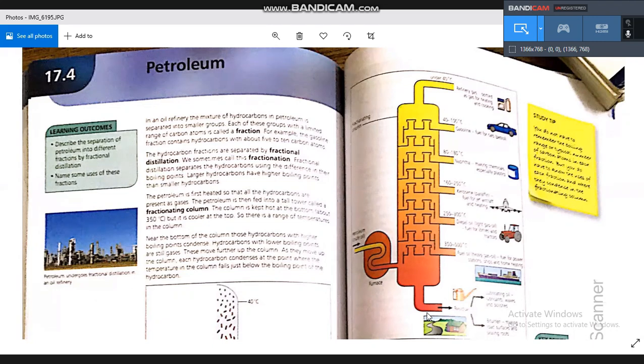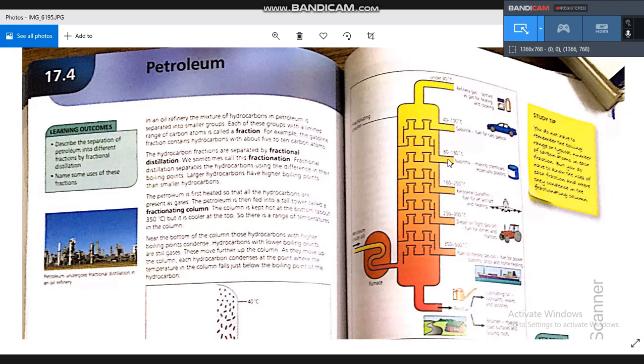When the substance reaches its boiling point, it will evaporate, so it will go upward in the fractionating column, and they will exit from these openings. Okay, we have different openings here.